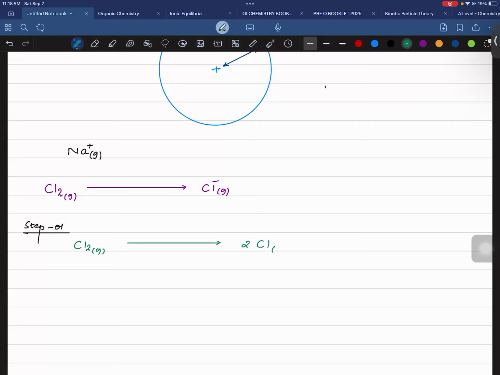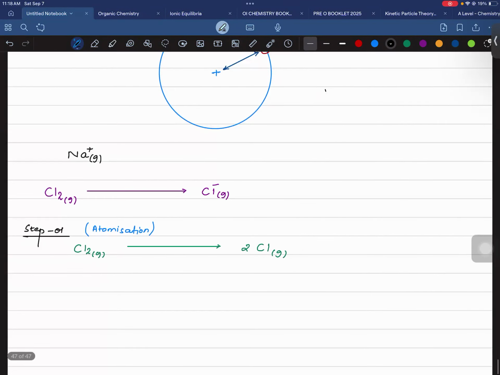These are two chlorine atoms. I have broken down the molecule into atoms. This is also known as atomization.